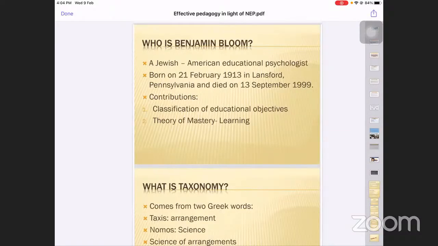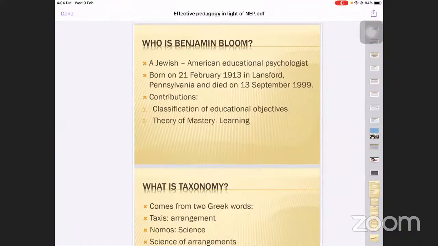This is a taxonomy given by Benjamin Bloom, a Jewish American educational psychologist, born on 21st February 1930, who died on 13th September. His classification of educational objectives is known as the theory of mastery learning.